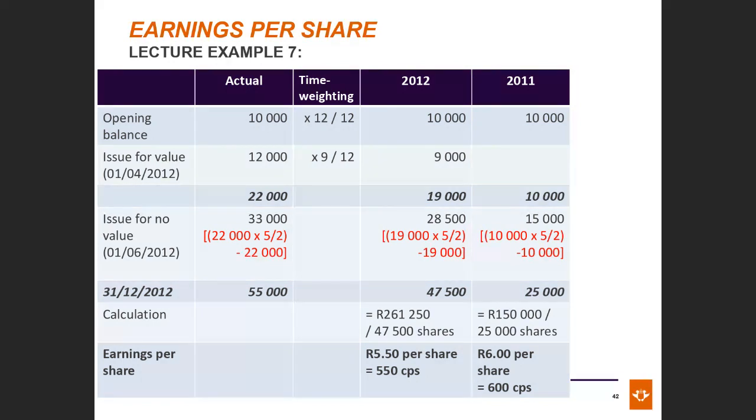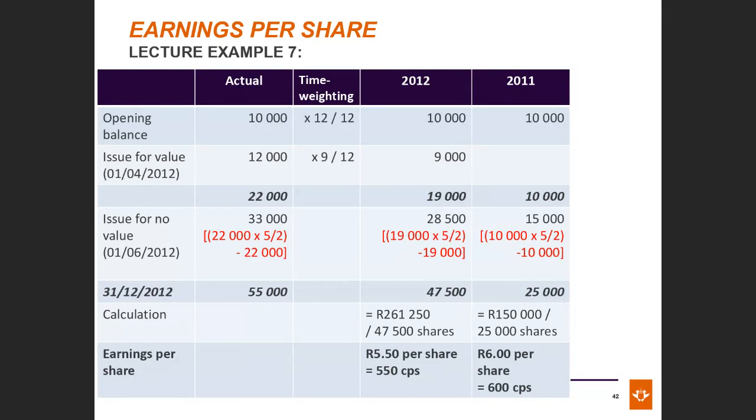The reason for this is that we had an issue for value, which we had to weight by 9/12. And in the prior year, we had 10,000 shares in issue, which comes from the opening balance. Remember, when we have an issue for value, we are not going to adjust the prior year.